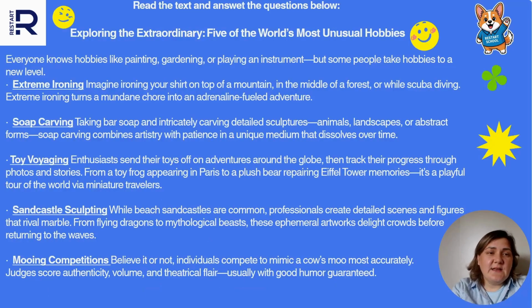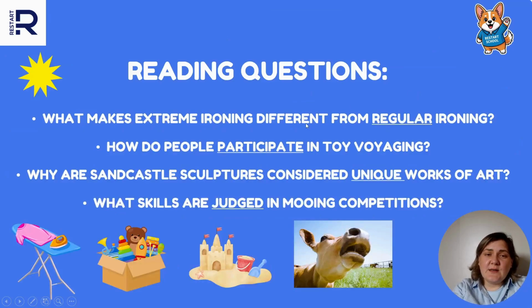So, here we have extreme ironing, and we have the answer that you need to iron your shirt on the top of a mountain, in the middle of a forest, or while scuba diving. Right, you are right. The next one, how do people participate in toy voyaging?